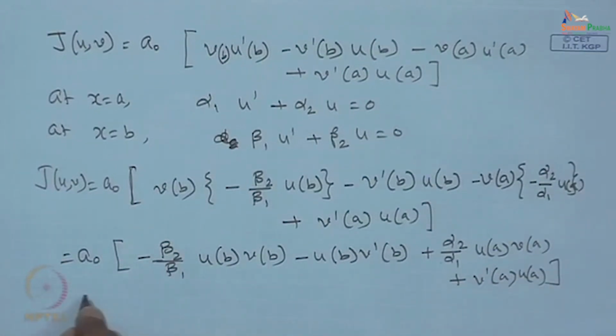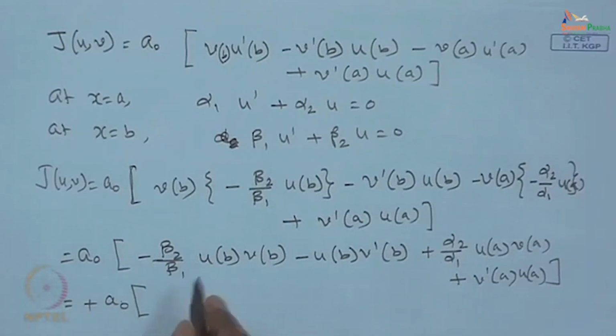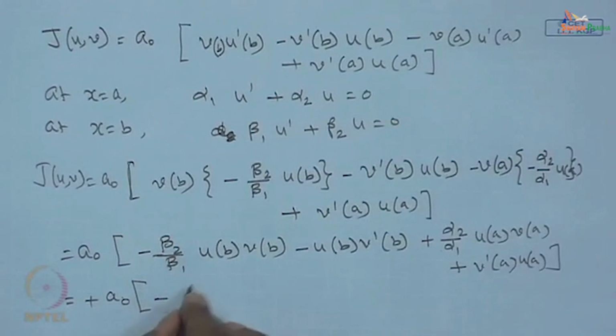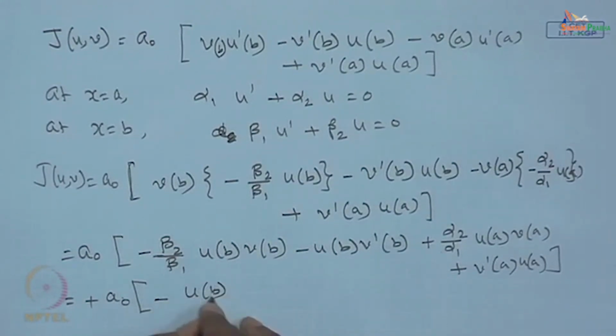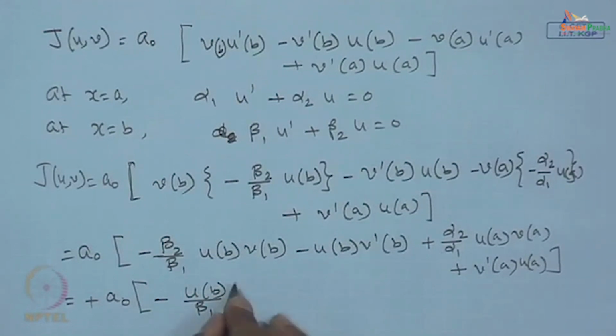So, we have a0, and we take minus u(b) divided by beta 1 as common.